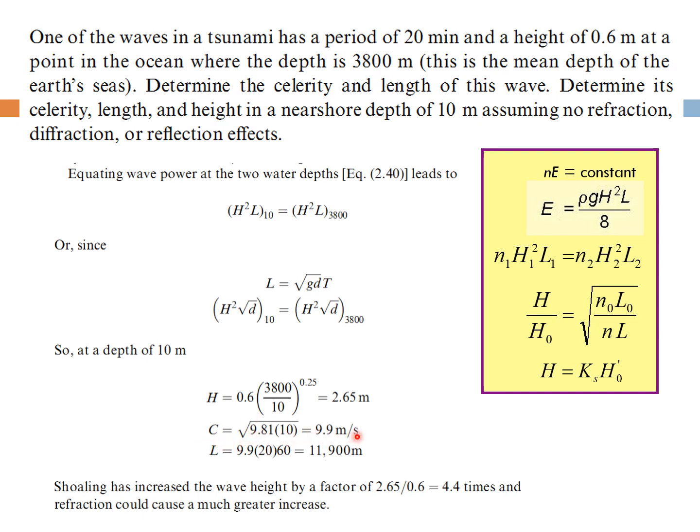The celerity has now reduced to only 9.9 meters per second compared to about 700 kilometers per hour previously, and the wavelength has now reduced to about 12 kilometers compared to about 300 kilometers previously. So overall, the shoaling effect has increased the wave height by a factor of 4.4 times in this particular case.